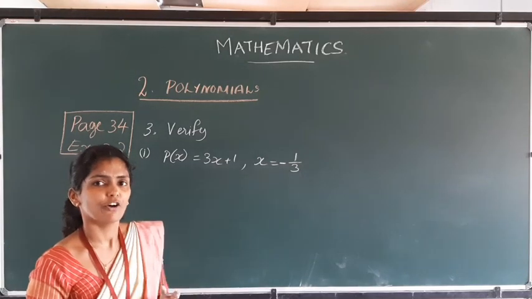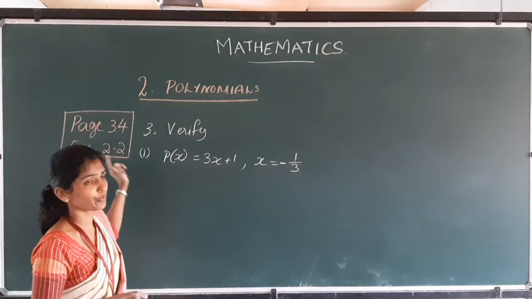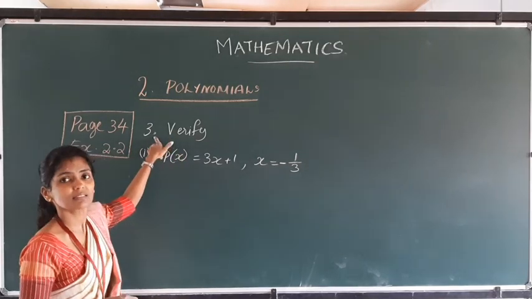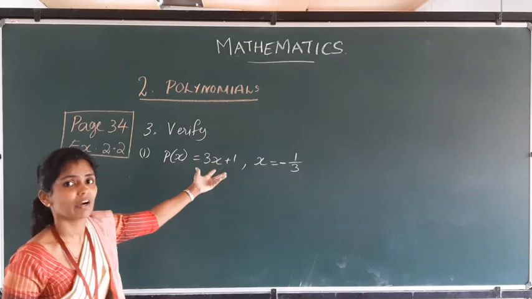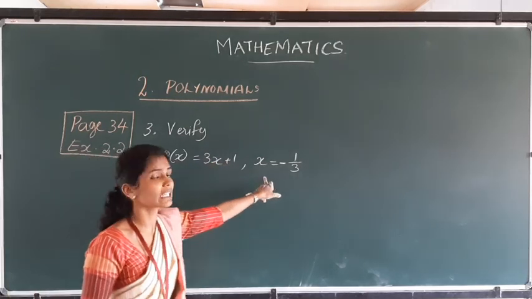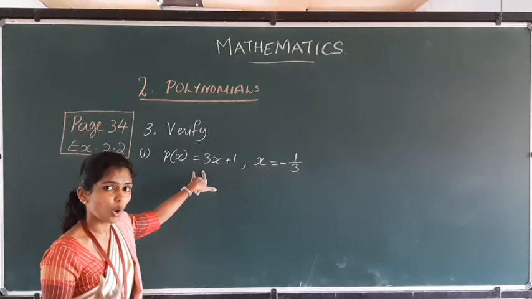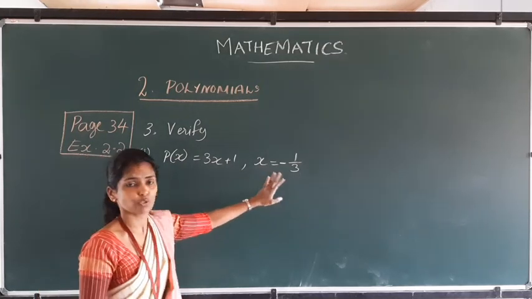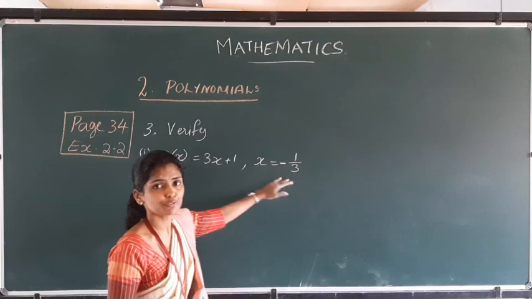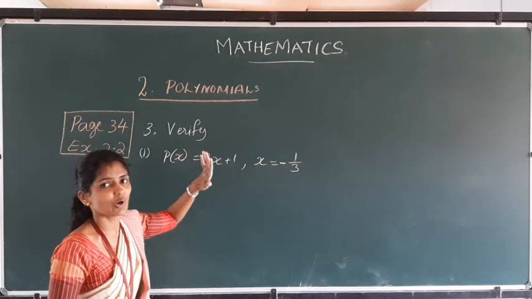Dear students, our next question, exercise 2.2, question number 3. Verify the given value of the variable is a 0 or not. Here we want to find whether this is a 0 of this polynomial or not.